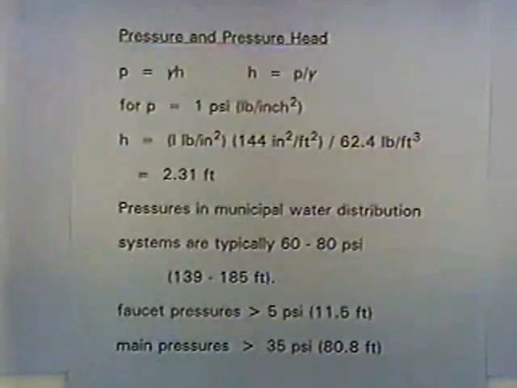And if you have 5 psi, it would be 11.5 feet the water would rise in that piezometer tube in that garden hose. Water mains, most cities try to maintain pressures above 35 psi. Atmospheric pressure, remember from last week, is about 14.7 psi, and that's equivalent to about 34 feet of water head.